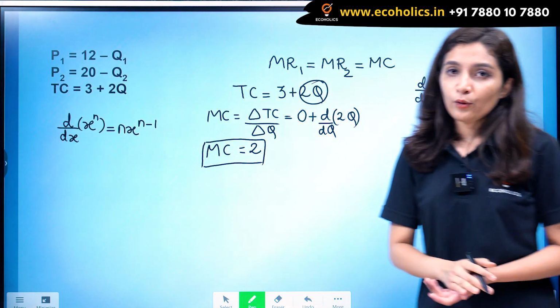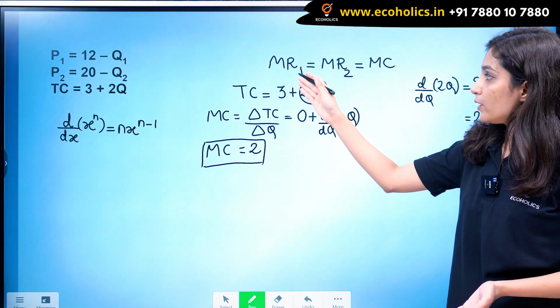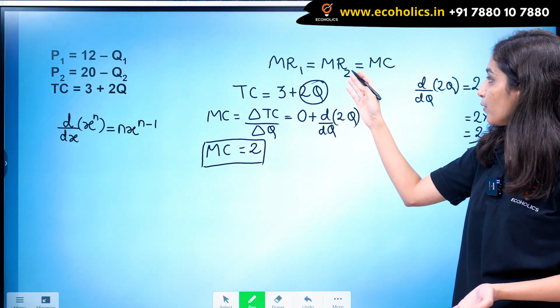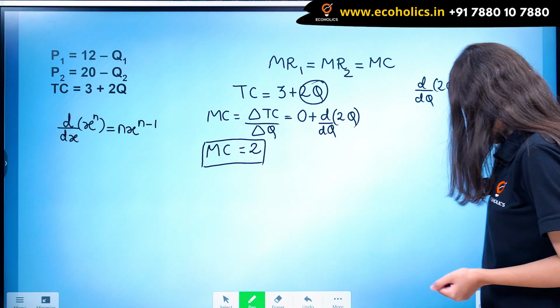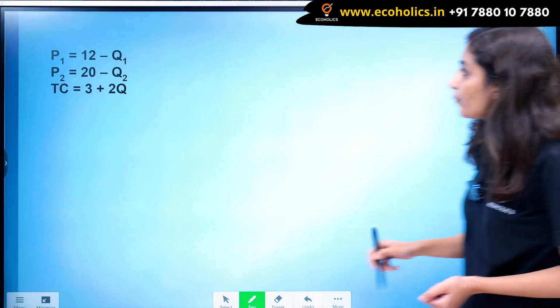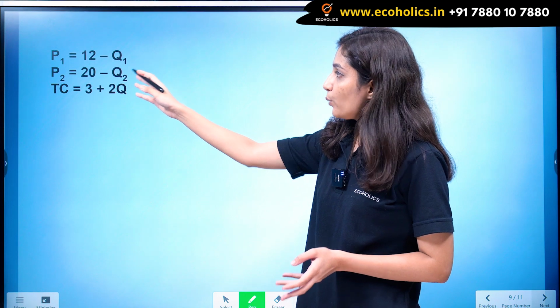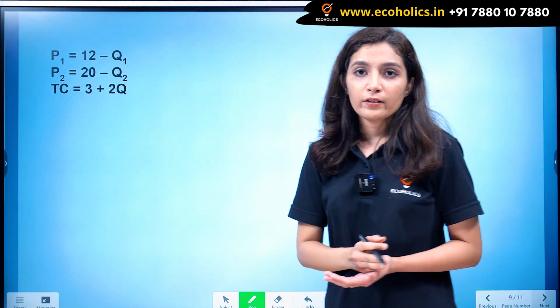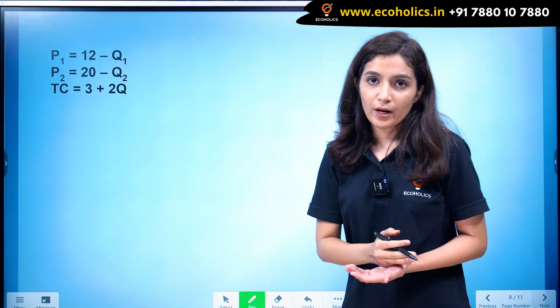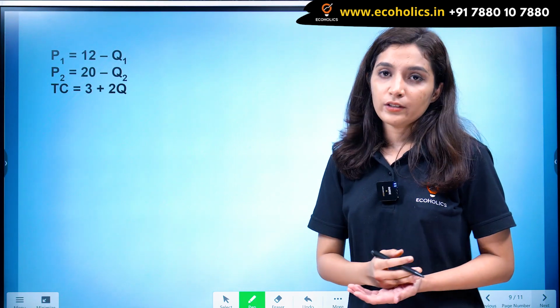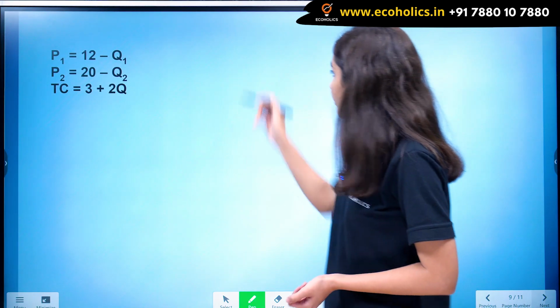Now we need to find our marginal revenue in the first market and marginal revenue in the second market. So let's find this. What is given is P1 is equal to 12 minus Q1. To find marginal revenue in the first market, we need to find total revenue in the first market.